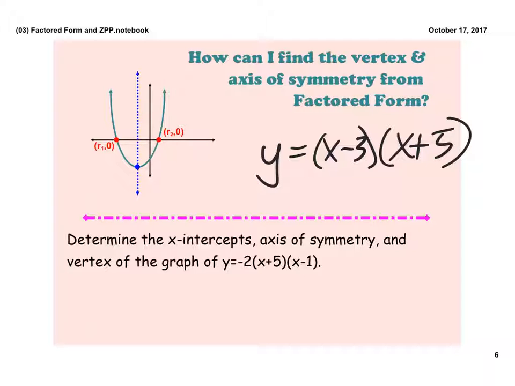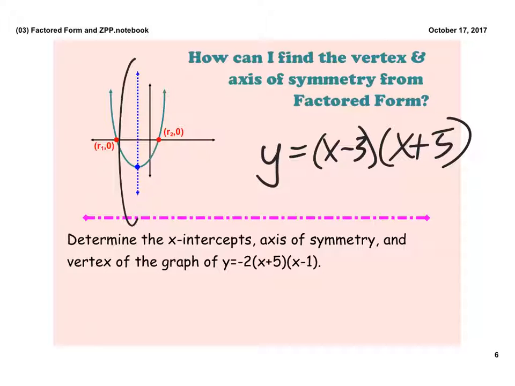Negative b over 2a. Excellent. But there's a better way. Why? Well, this way is awesome if you have general form, because then you'll have a, b, and c. Can you just look at this and know what a, b, and c are? No. So that's kind of not a great time to use negative b over 2a. So there must be another way.